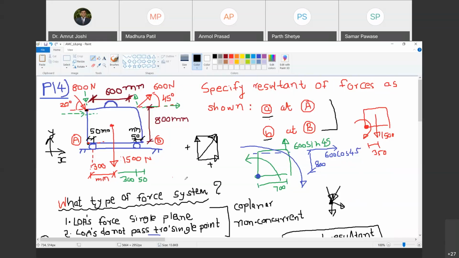Do you agree with me? Yes, sir. Point number one. Point number two, if the forces lie in the xy plane, that moment resultant is going to be about the z axis. Point number two. Do you understand?